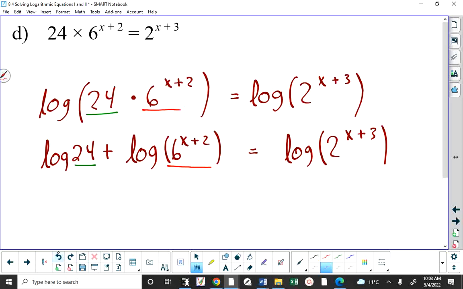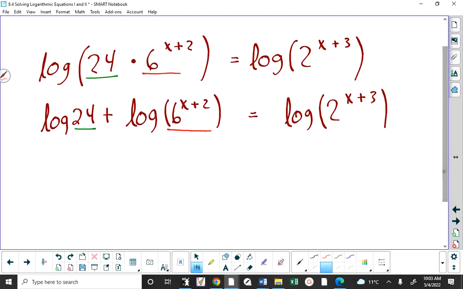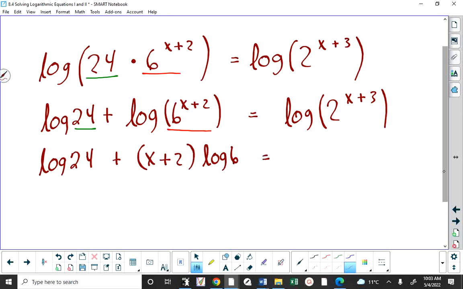And now I can move that x plus 2 down in front, and I will have log of 24 plus (x plus 2) log 6 equals (x plus 3) log 2.